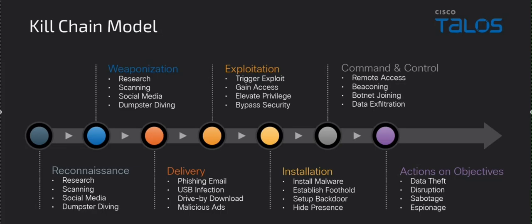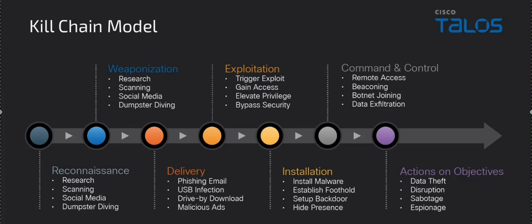Reconnaissance in the kill chain model by Cisco Talos is divided into four keys: research, scanning, social media, and dumpster diving. Dumpster diving is a part of social engineering.